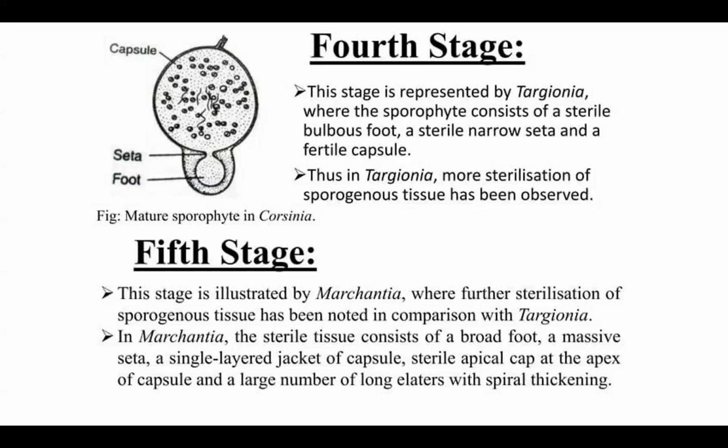In Marchantia, the sterile tissue consists of, Marchantia we have already studied, a broad foot, a massive seta, and a single-layered jacket wall of the capsule, sterile apical cells at the apex of the capsule, and a large number of long elaters with spiral thickenings. Some of the sporogenous cells will develop into the elaters with spiral thickenings.